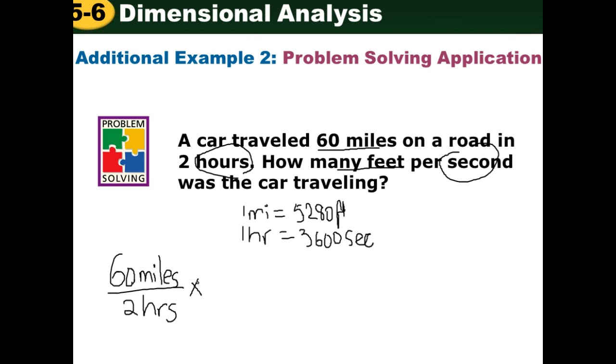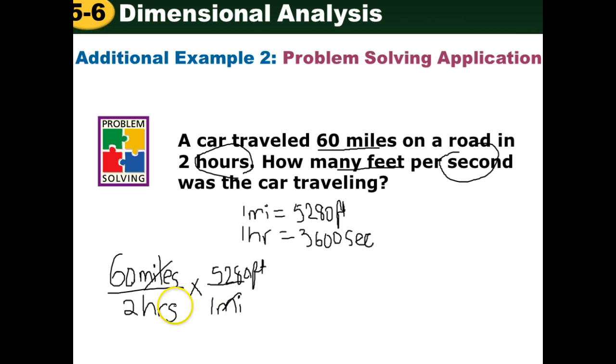Now, first thing I'm going to do is convert the miles to feet. Since I need to get rid of miles, I'm going to put 1 mile at the bottom and 5,280 feet on top. Alright, so now the miles cancel each other out.